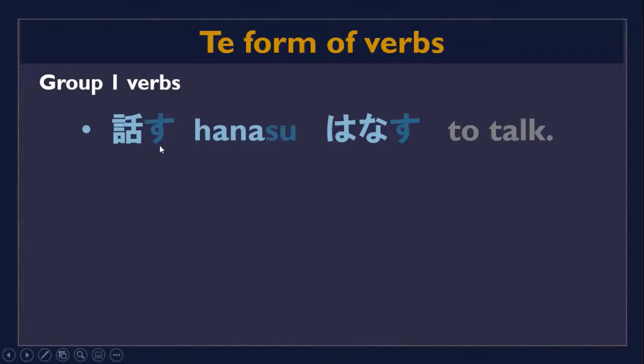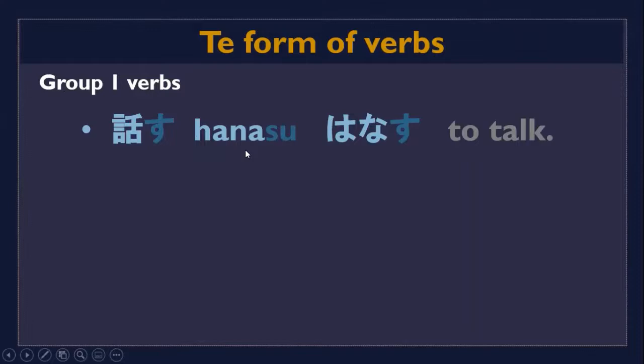This is the dictionary form of group 1 verb. And to talk in Japanese, it is hanasu. And this is the kanji for to talk.